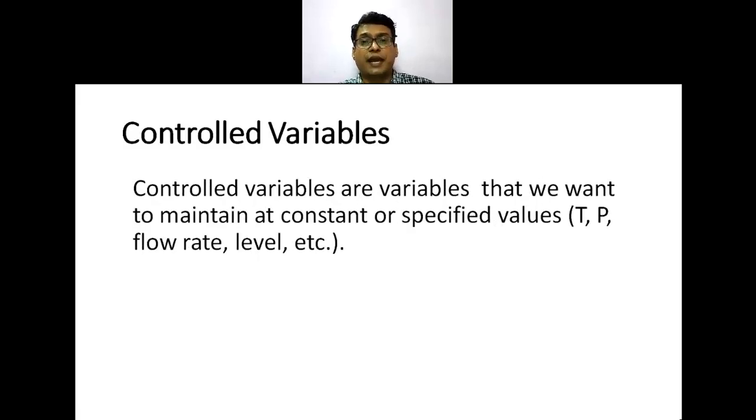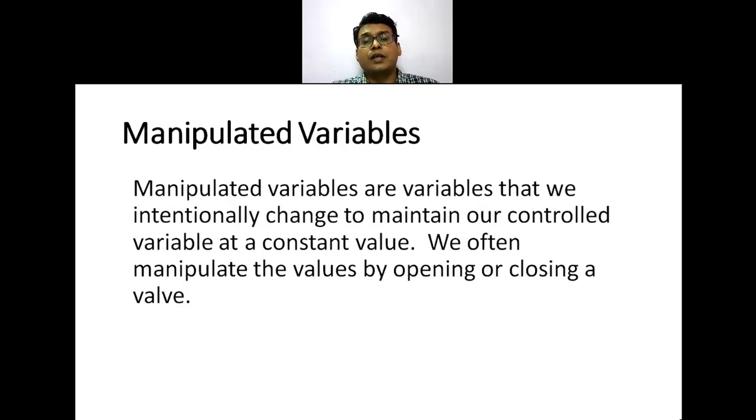The control variables are the variables that we want to maintain at a constant or specified value. That should be the desired temperature, and the control variable should be the same, TR equal to TC. Then manipulated variables are the variables that are intentionally changed to maintain our control variable at a constant value.